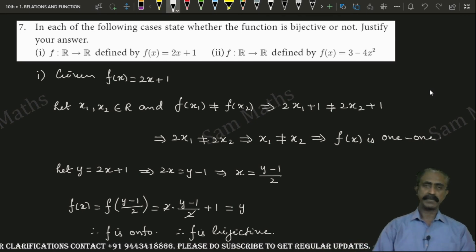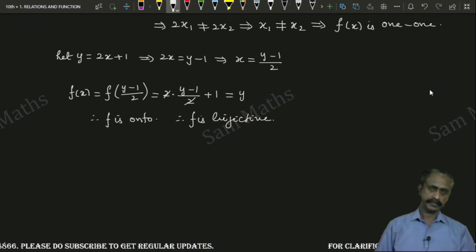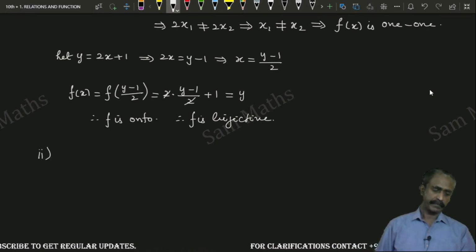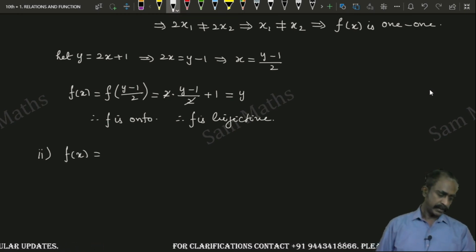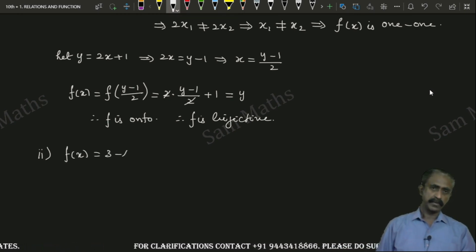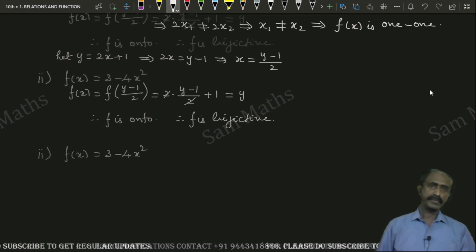Second part, it's given f from R to R defined by f of x is equal to 3 minus 4x square. Second one, f of x is equal to 3 minus 4x square.